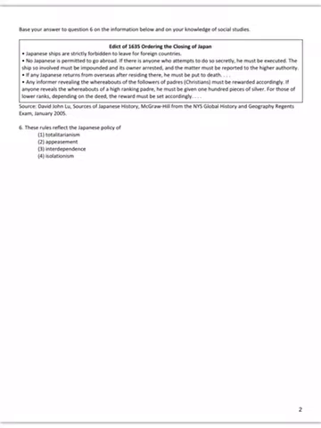Okay, so this is the last question on this assessment. Base your answer to question 6 on the information below and on your knowledge of social studies. And most of the questions that you're going to see on the Regents exam have something, a text or a picture or a map that you can get the answer from. So, Edict of 1635, ordering the closing of Japan.